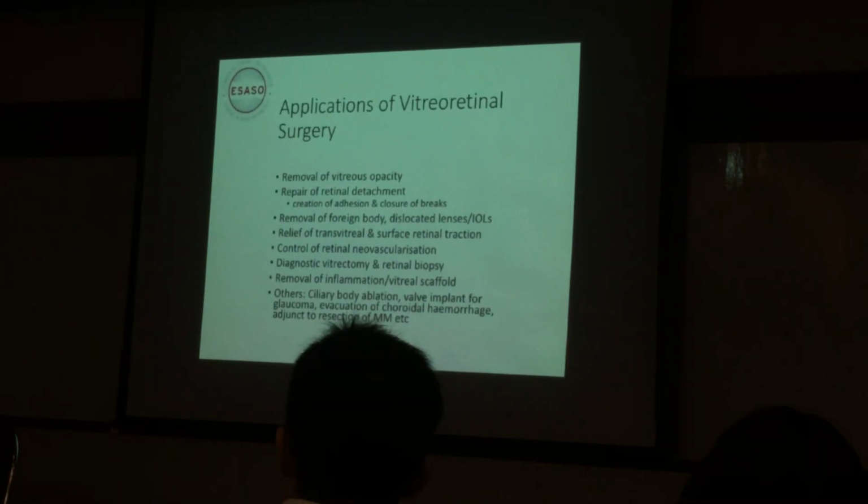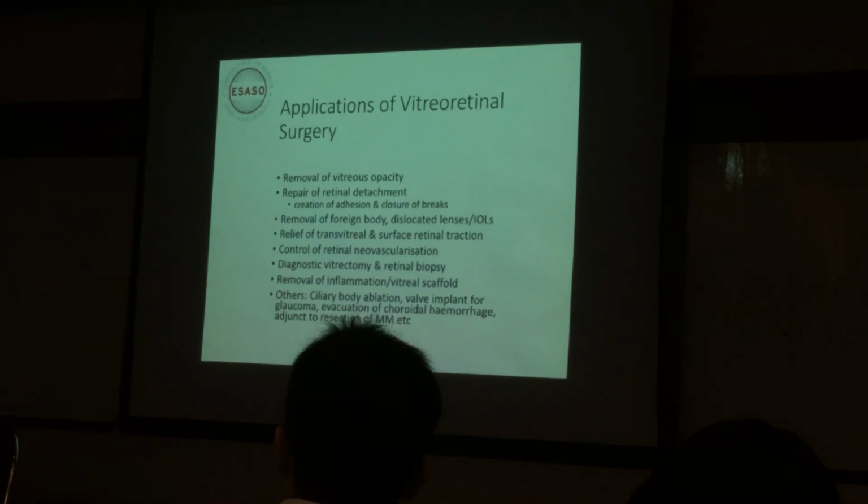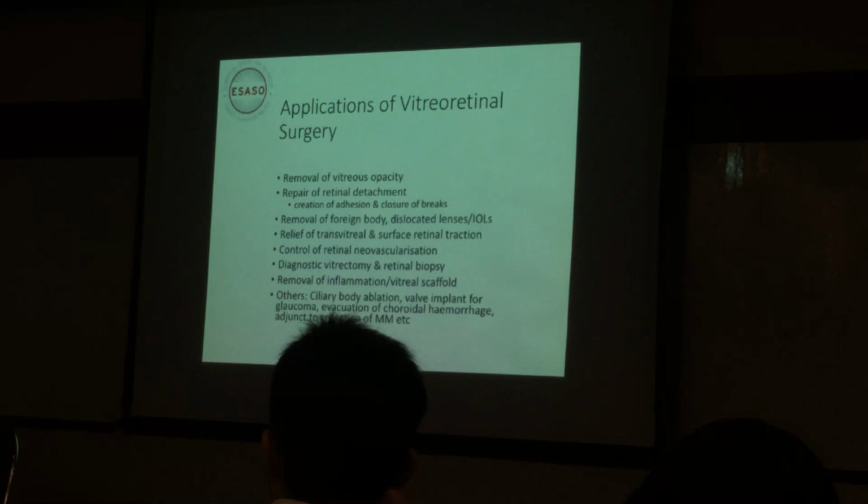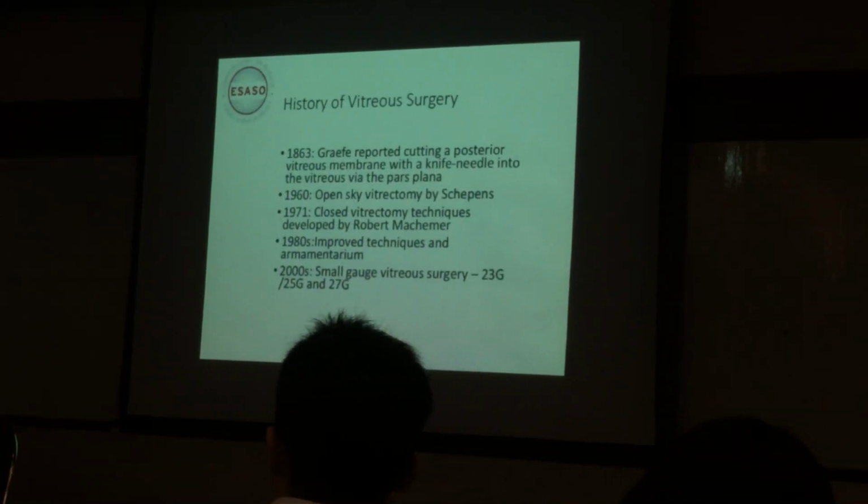But we're only talking about a small part of vitreoretinal surgery applications today, in terms of rhegmatogenous retinal detachment. Of course, we do vitrectomy for a host of other indications as well, and a lot of times we need to use tamponades as well, not just in rhegmatogenous retinal detachments.